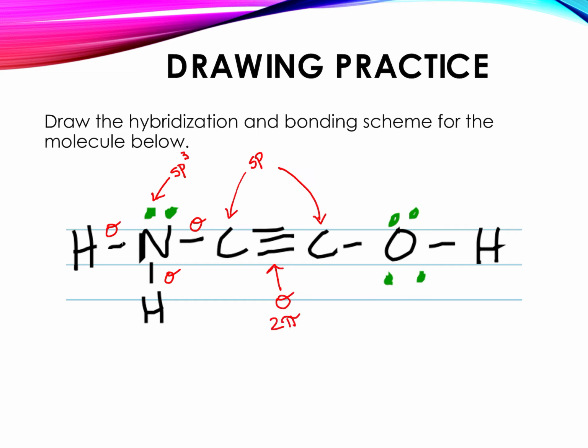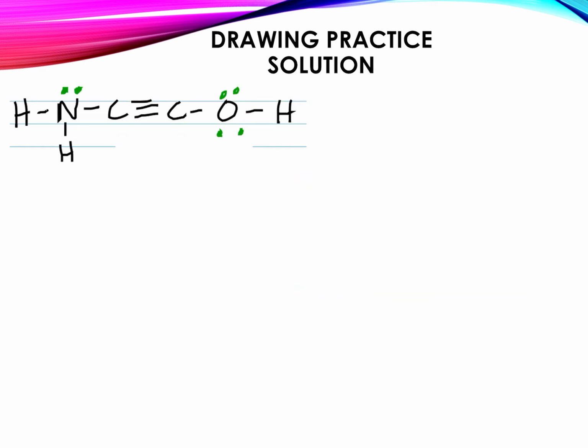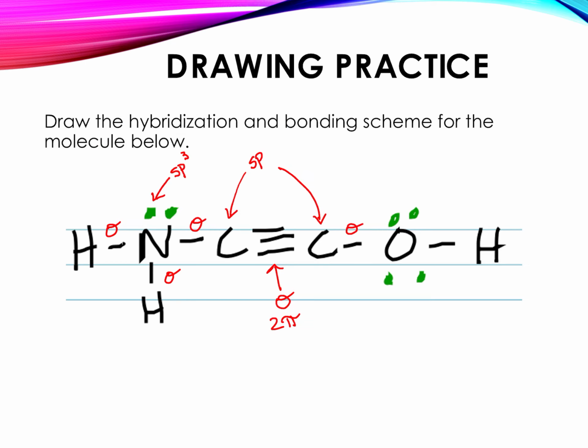So that's going to be fun to draw. We've got a single bond here, so this is a sigma bond, and this is a sigma bond as well. And then the oxygen has 4 areas of electron density, so that is going to be sp3 hybridized. So again, this looks like it's going to be real fun to draw.